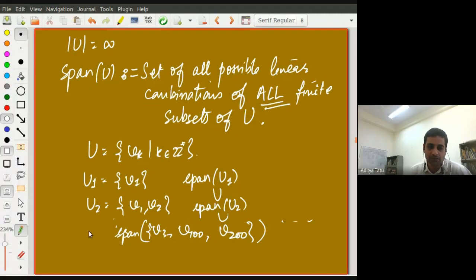So as an example, if I take these polynomials, 1, x, x squared, x cubed, and so on and so forth, this is an infinite set, right? What would be the span of this?